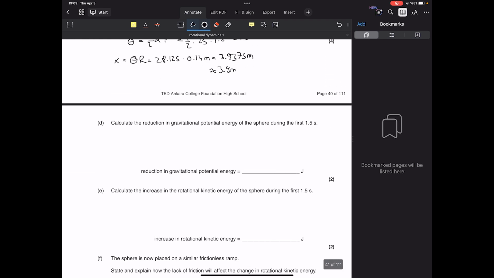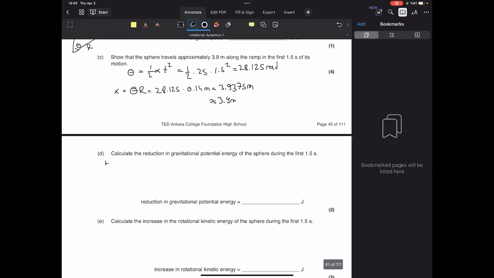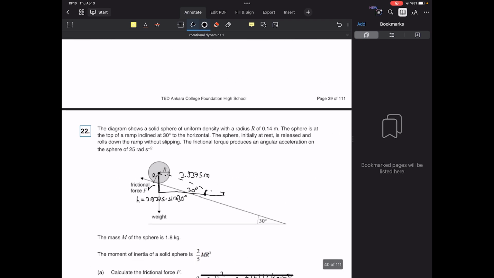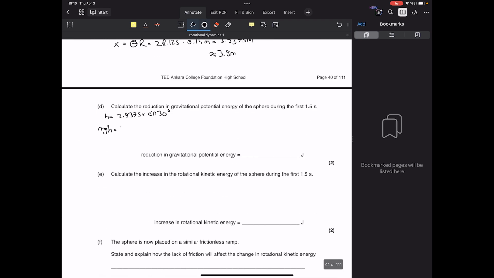So mgh is going to be equal to 1.8 times 9.81 times 3.9375 times sine of 30 degrees, which will equal whatever this value right here.